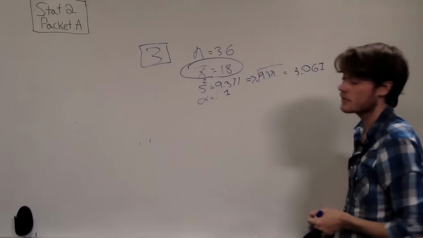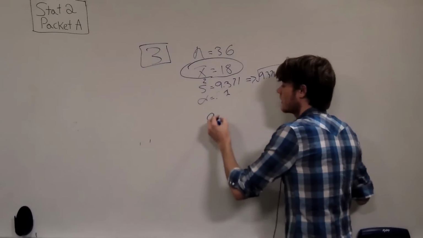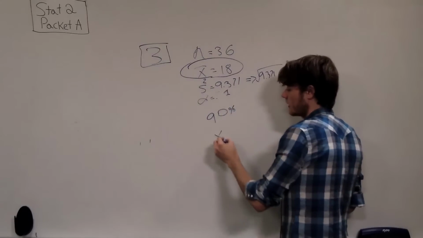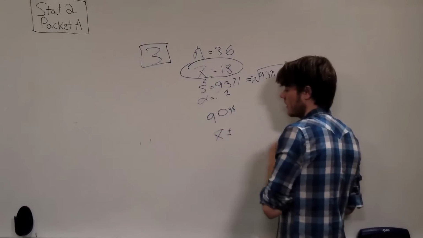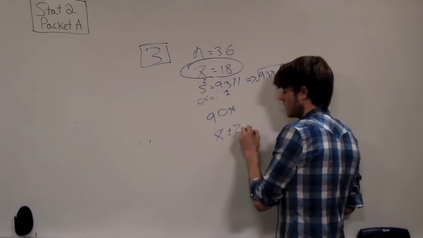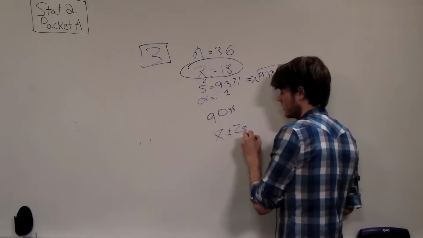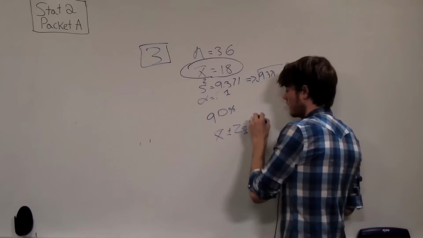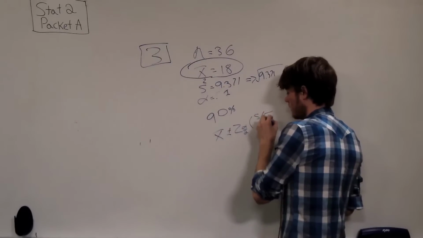So let's create a confidence interval, specifically a 90% confidence interval. The general form is x bar plus or minus z alpha over 2 times s over the square root of n.